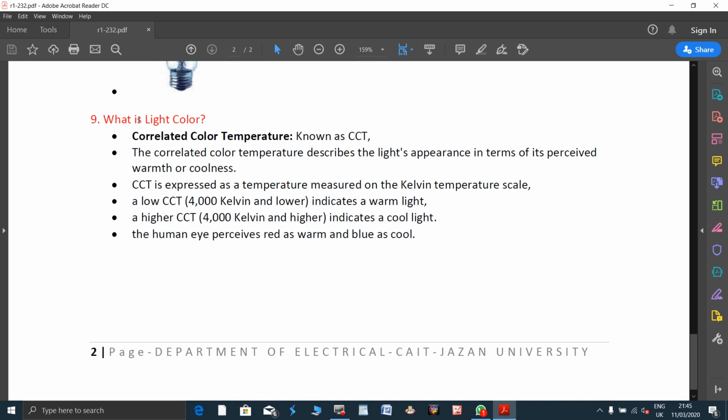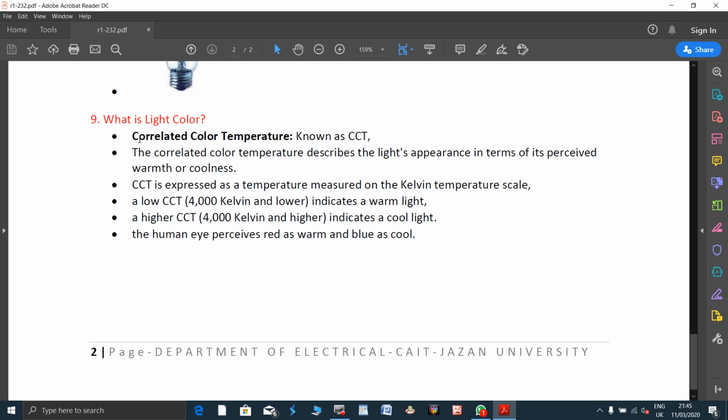Another word which is very important regarding light devices is light color. This is also called correlated color temperature, abbreviated as CCT. It tries to give you the light warmth or coolness.